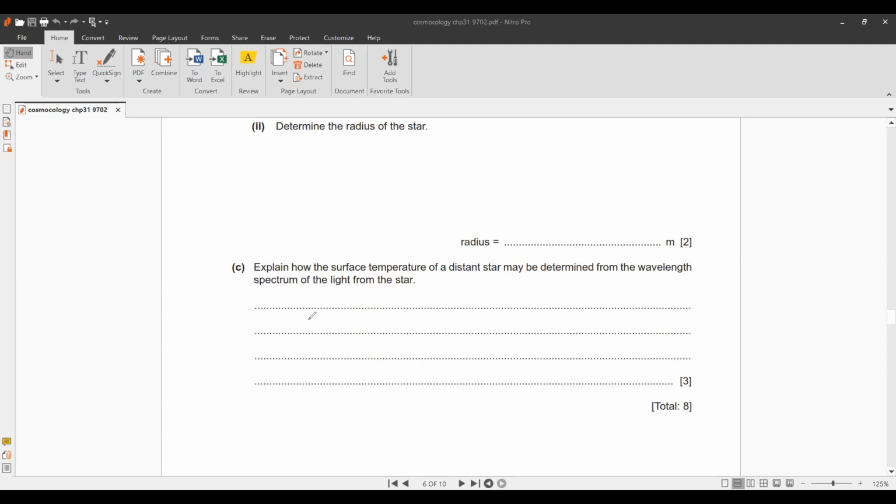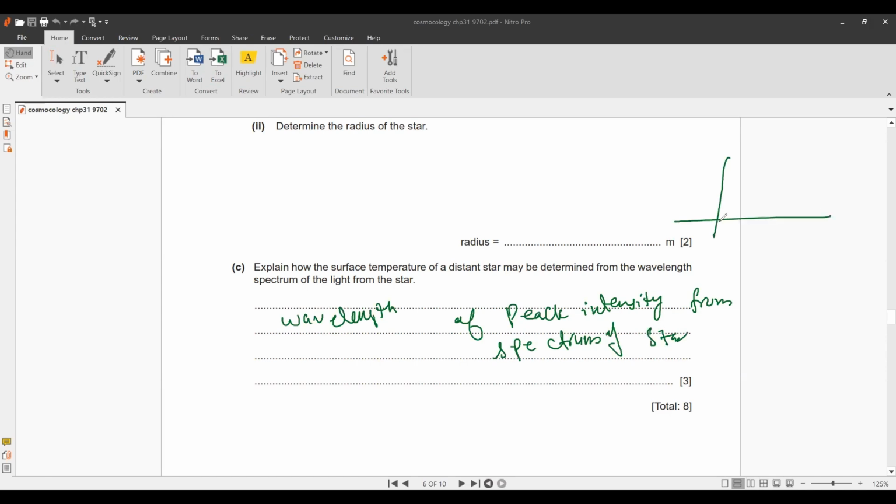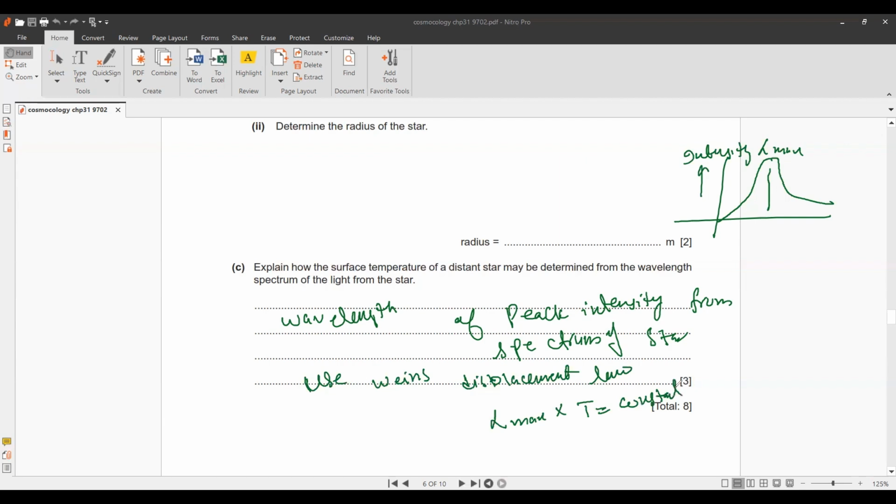We can find the wavelength of peak intensity from the spectrum of the star, because in the table we drew, the maximum intensity has a corresponding wavelength, and we find that value from the electromagnetic spectrum graph. Then we use Wien's displacement law, which is lambda maximum into temperature equals constant.